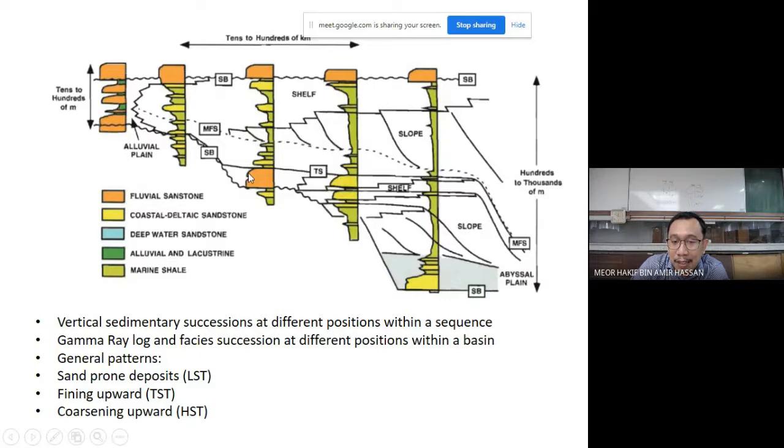Sand prone at the bottom, fining upward, and then coarsening upward, and the cycle continues. Further landward, it's more subtle. You can get that kind of pattern, but it's a little bit hard to identify. Can't find a marine maximum flooding surface in here, for example. But you do get things like this. It's sandier during the lowstand, and it's going to be muddier in the middle. Right? So that's the general pattern you get in sequences.